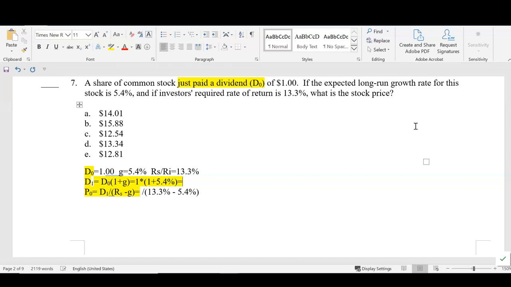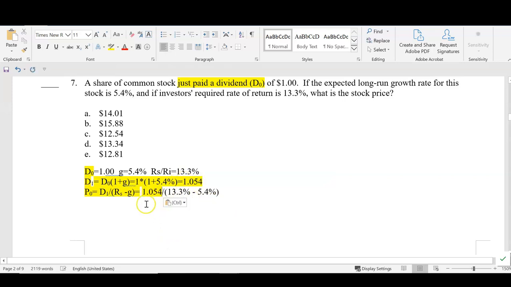This should give us 1.054. And then we use this D1, 1.054 divided by RS, 13.3%, minus G, 5.4%. We should get P0 as 13.34, so we choose option D.